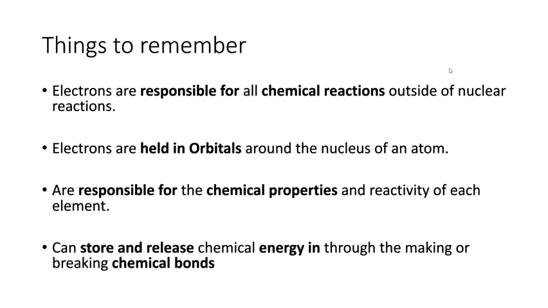And they are really helpful for us because they can store and release chemical energy through the making or breaking of chemical bonds. Okay, so that is where we're going to stop with electrons.